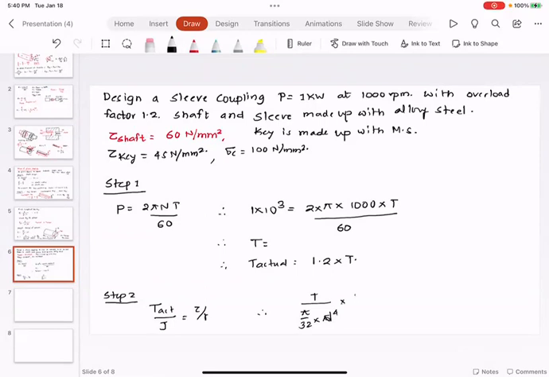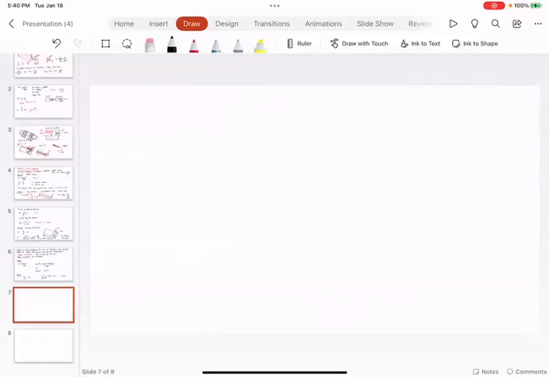D by 2 is equal to, shaft tau is 60. From here, you are going to get the value of D shaft. Are you with me? Then to compensate for key weakening, D shaft actual, you can use 1.1 times D shaft.